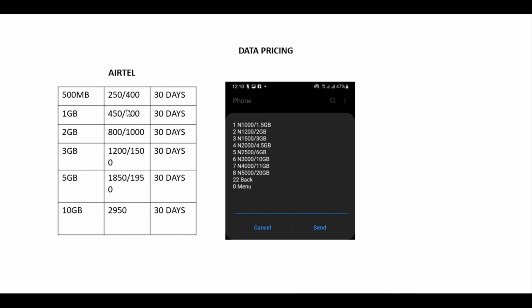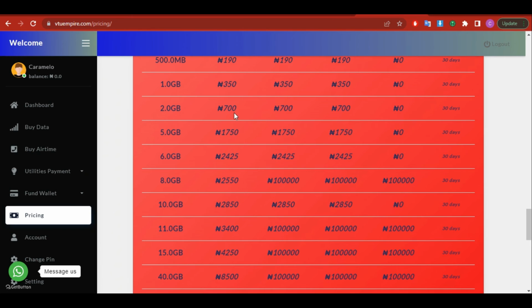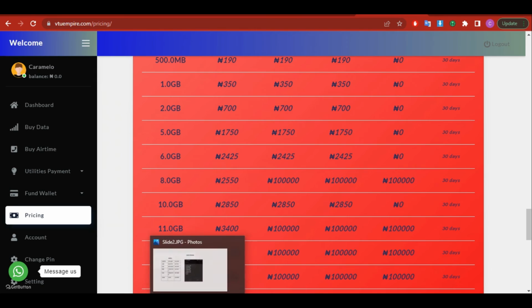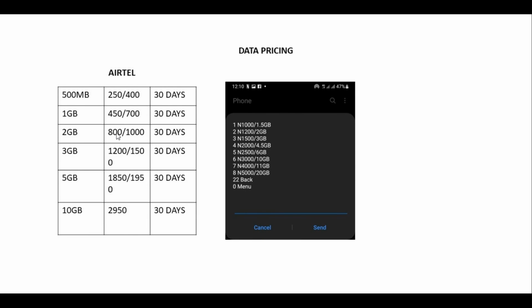But by the time you put this picture side by side, this is the secret I want to give to you. Remember we're getting it at 350. Let's use the 2 gig so that we are not confused, because this is 1 gig and this is 1.5. 2 gig we're getting it at 700, whereas we're selling at 800 if you want to be minimal, and 1000.